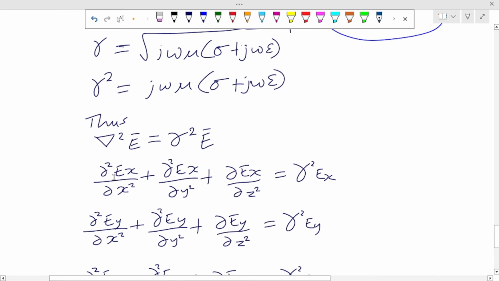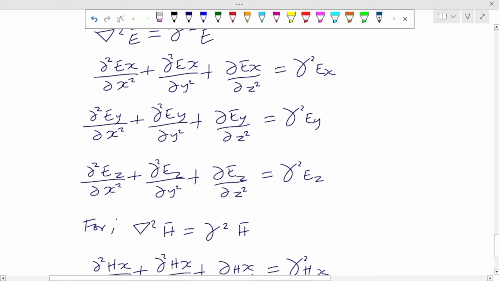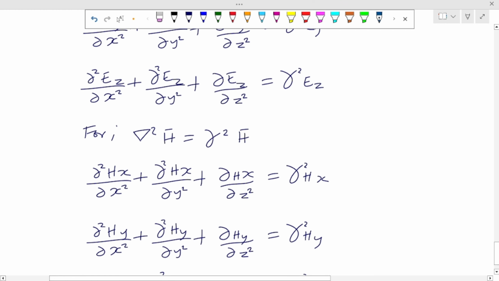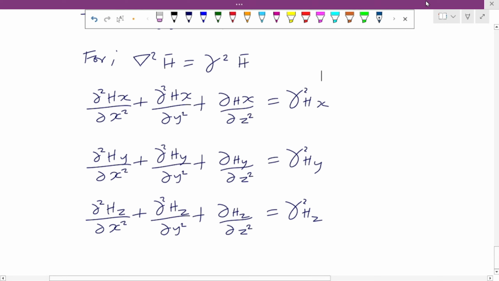However, partial square x over partial x squared, over partial y squared, over partial z squared. Go for the y component of the electric field. Then you now say y component, y component, y component, but with respect to x, y, z. Same for z component. Similarly, for the magnetic field, you do exactly the same thing.